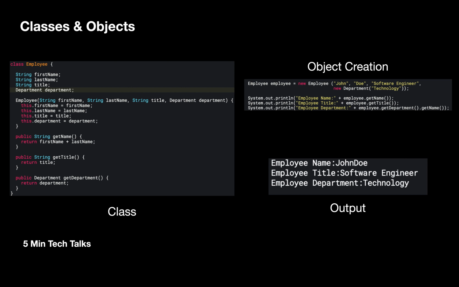You can look at the object creation example on the right hand side, which creates an employee object by calling the constructor and printing out the values which are set for that particular object, by calling the getter methods on it.